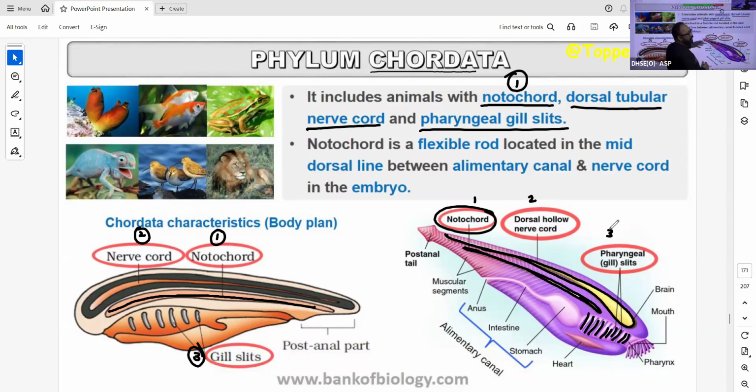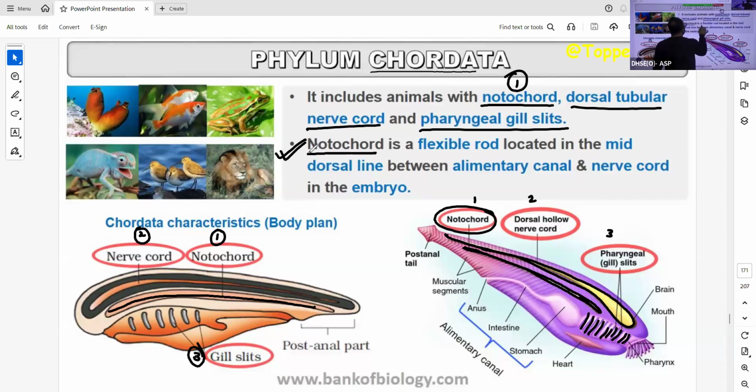They are more advanced and they have a proper body organization, symmetry, and all these features. Okay, see here. So, as we have known, the notochord is the most important feature on the basis of which we consider them as chordates. Okay, see.